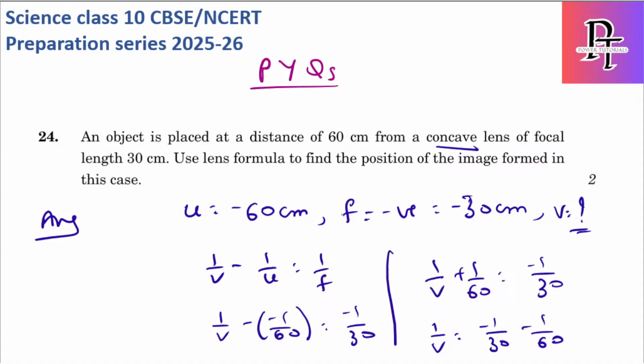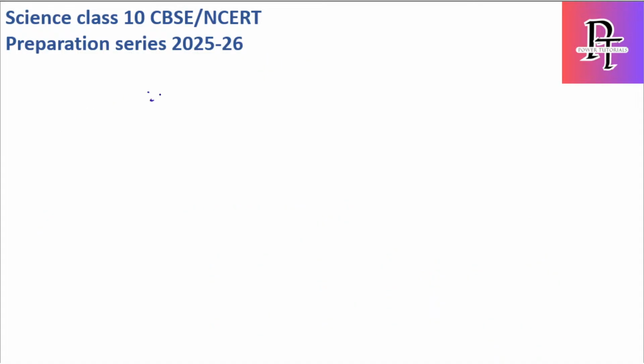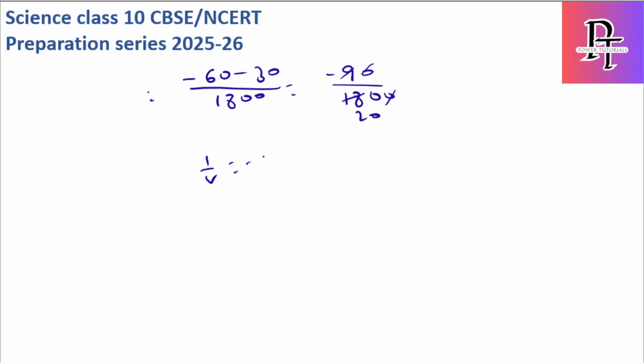Let's take the LCM. This becomes minus 60 minus 30 by 1800, which is minus 90 by 1800. So 9 ones are 9, 9 twenties are 180. So 1 by v is equal to minus 1 by 20, or the v value is minus 20 centimeters.